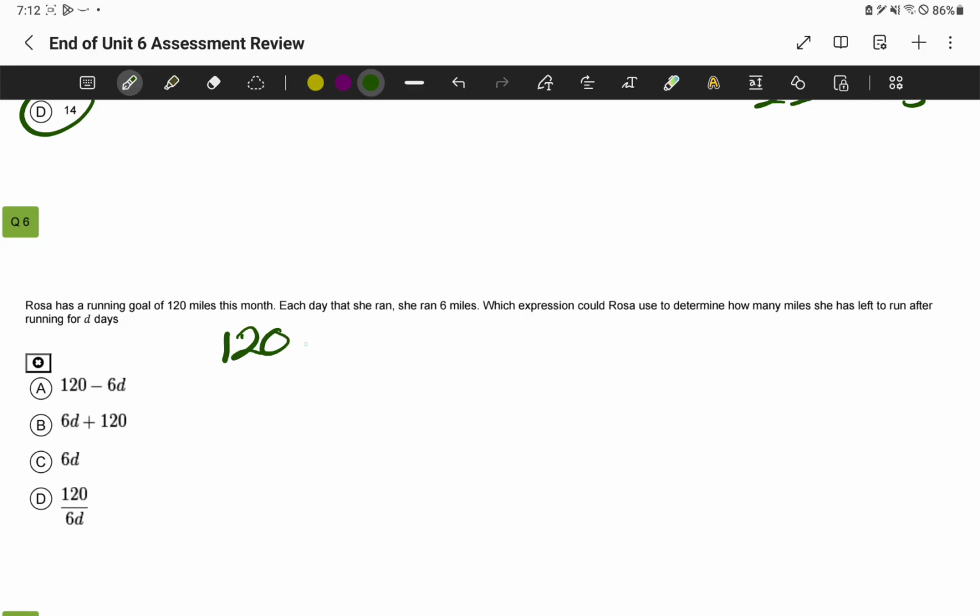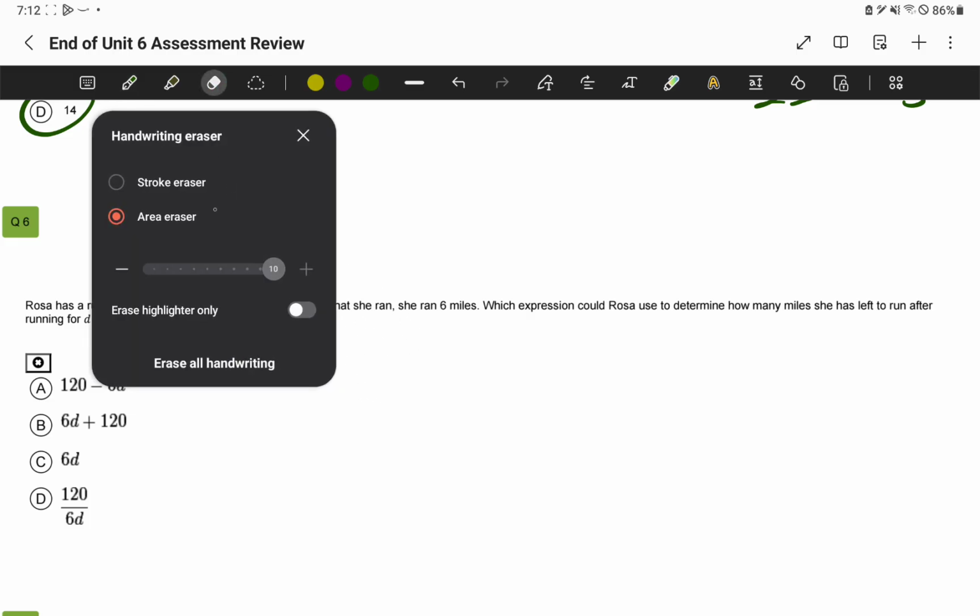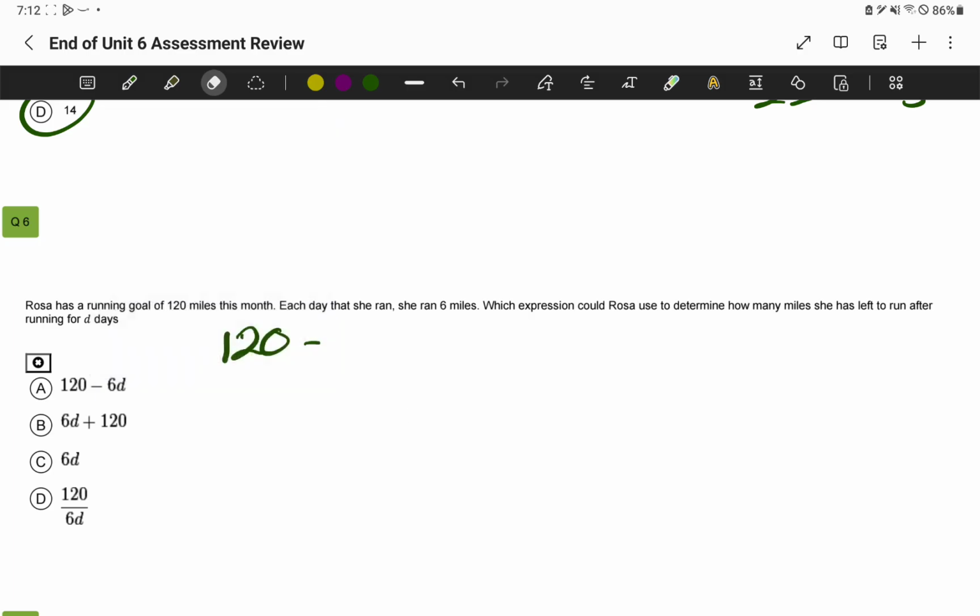Well, after one day, she ran that many miles. Sorry, let me shrink the size of that eraser. After running for one day, she ran 6 miles. Well, 2 days, 3 days, 4 days, 5 days, 6 days.